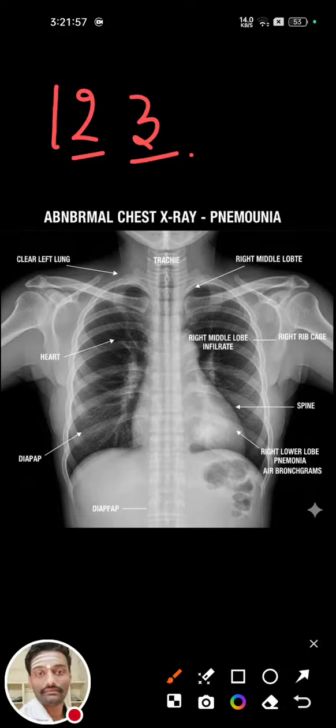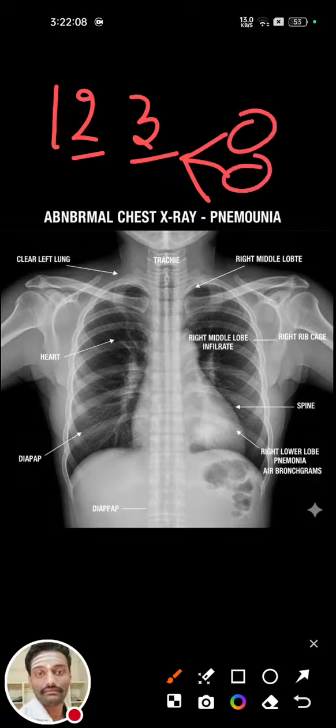Alveoli filled with pus or fluid or blood, seen in lobar pneumonia and severe bronchopneumonia. Mainly seen in lobar pneumonia and bronchopneumonia, severe bronchopneumonia.